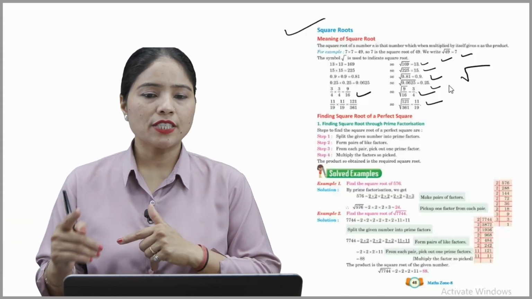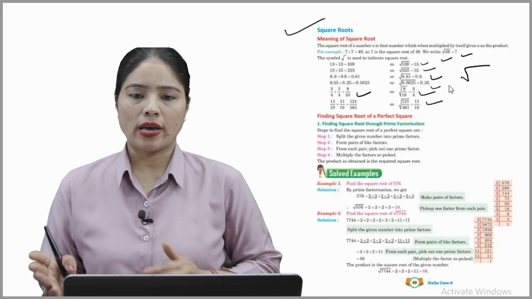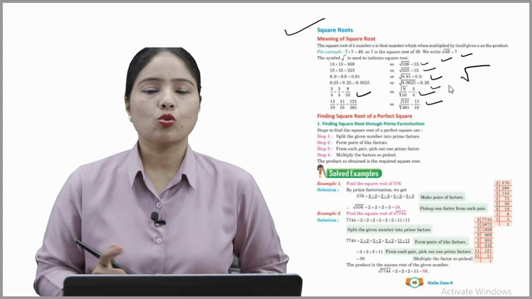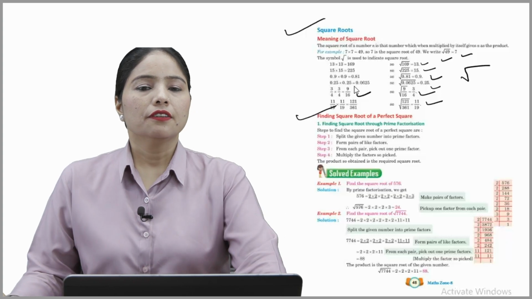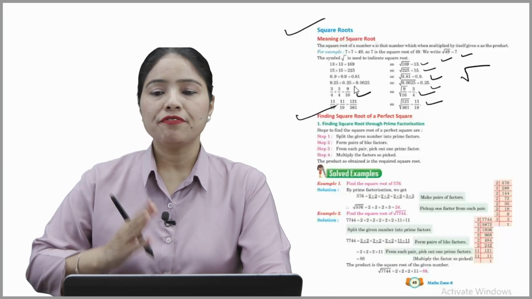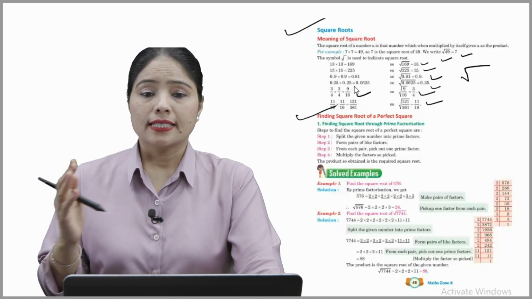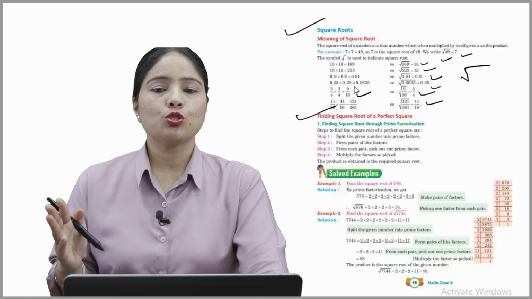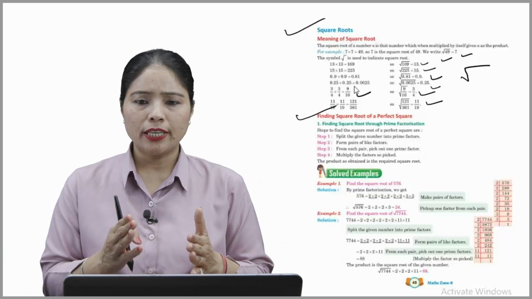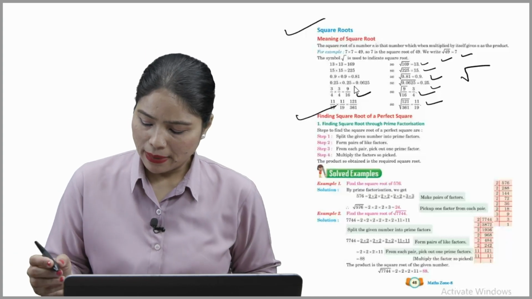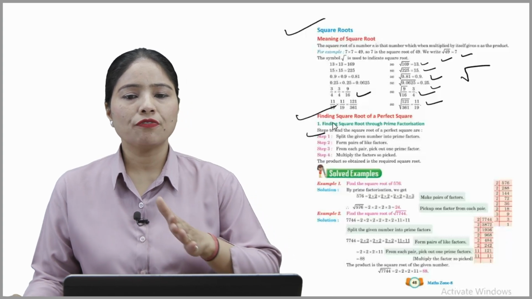Now move on to the next one, which is finding the square root of a perfect square. Now how do we find the square root of a perfect square? So let's see. Finding square root through prime factorization. So what do we do, first we find it through prime factorization. The steps to find the square root of a perfect square are: first, split the given number into prime factors. Then form pairs of like factors.